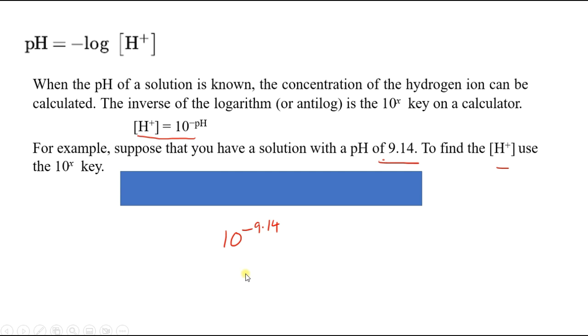So the hydrogen ion concentration is 10 to the power minus whatever the pH is. That gives us 7.24 times 10 to the power minus 10. Put that to 3 significant figures to match. Mole per dm cube. Don't forget the unit because you're working out the concentration.